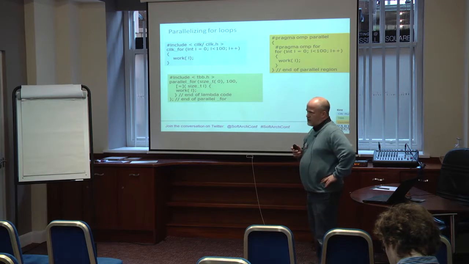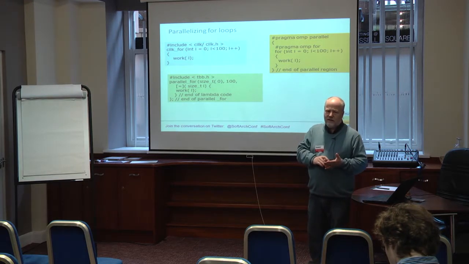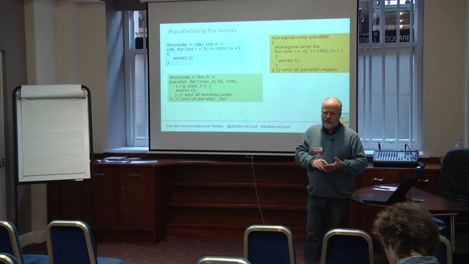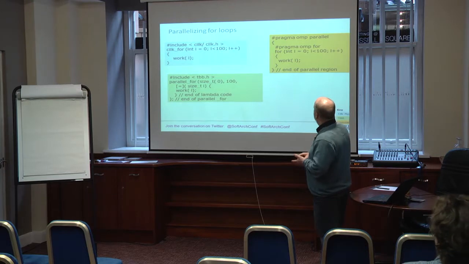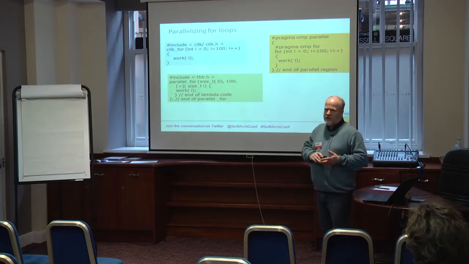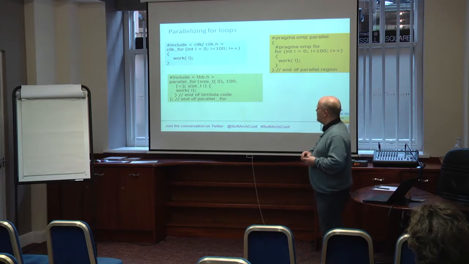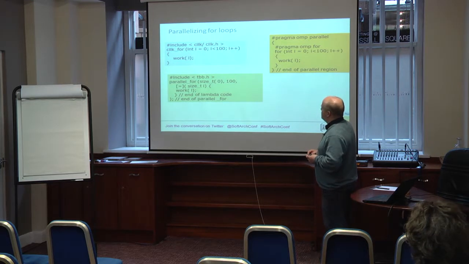The next 3 slides show you examples of making code parallel using Cilk Plus, Threading Building Blocks, and OpenMP. I won't talk in huge detail, but I will just quickly point to them. So here's a loop. In all 3 cases, you've got C loops.